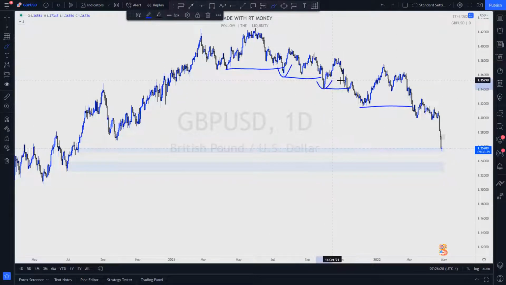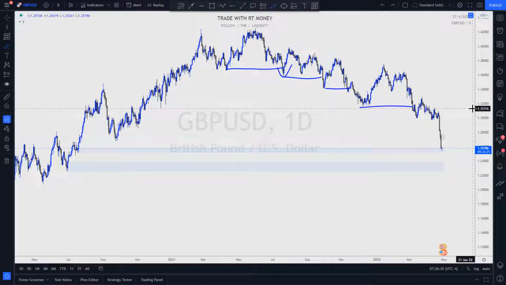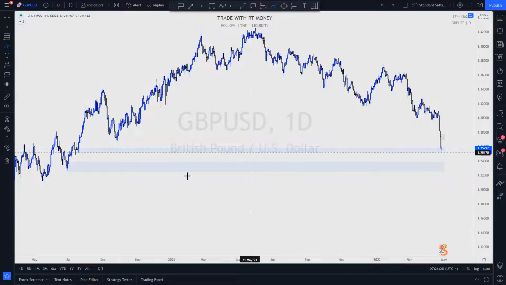Those are the lower lows. That's structure, and it's protecting and preserving the highs. So we have a downtrend going, and what we're going to be looking for is bearish plays. We're looking for sells only.